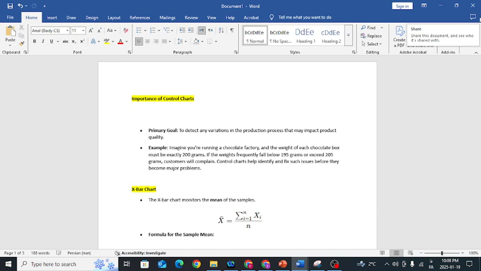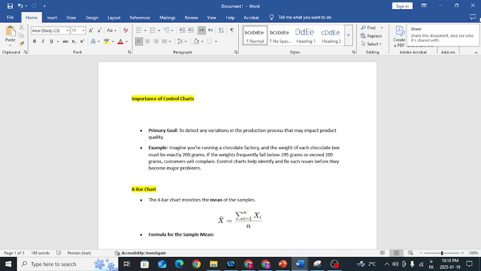In this lecture, we will define X-bar and R-bar charts in simple terms and explore why these charts are crucial for maintaining quality. Learn step by step how to calculate control limits using sample data and understand how to interpret these charts to identify and correct issues in real time.